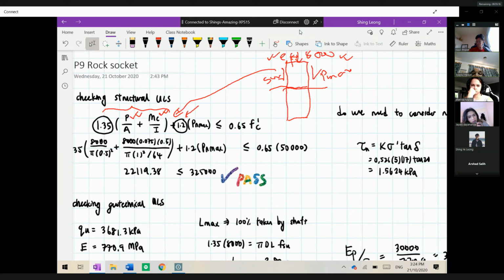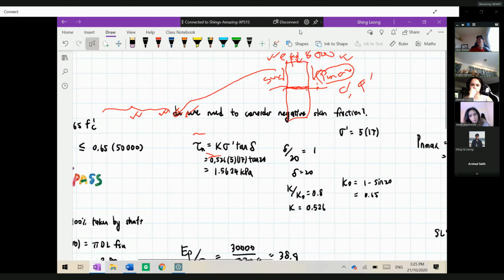And then you multiply with your maximum negative drag down, because that is the place where the negative skin friction will be gradually increasing with depth, so at that point it will be the highest. To get that maximum drag down, you have to calculate the value, and this negative drag down he is calculating based on the drained properties, which is c dash and phi dash of the soil.